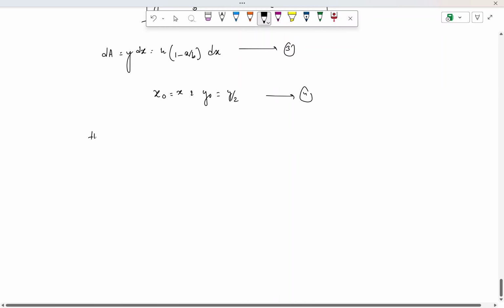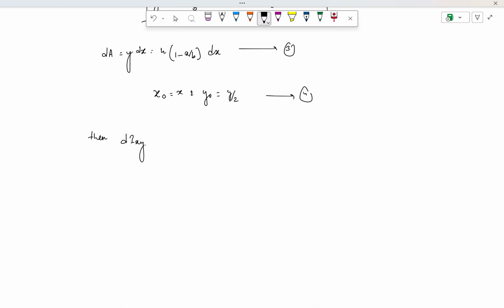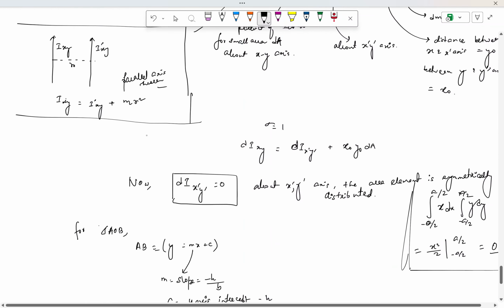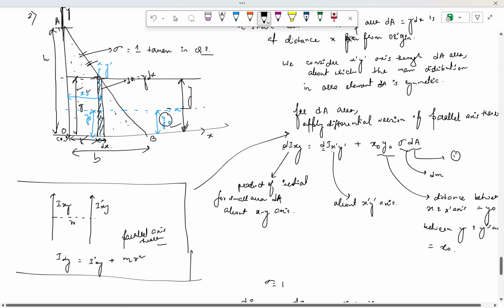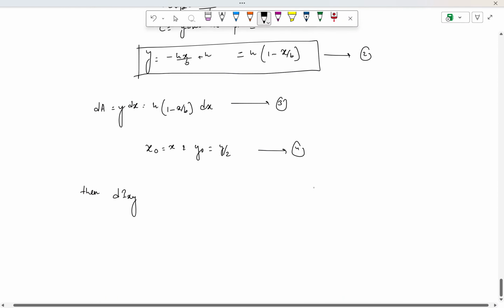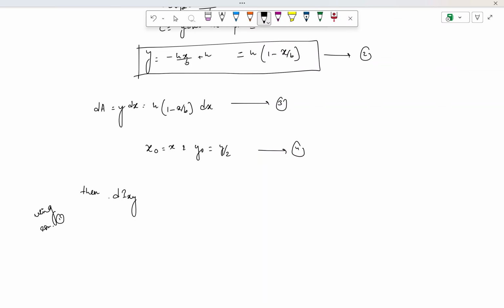So then dIxy equal to this: using relation 1, this part is 0 and for this part we know what x naught, y naught and dA are. So using equation 1, dIxy equal to dIx prime y prime, which is 0, plus x naught y naught, where x naught is x, y naught is y by 2, and then the dA, which is simply dA equal to y dx.